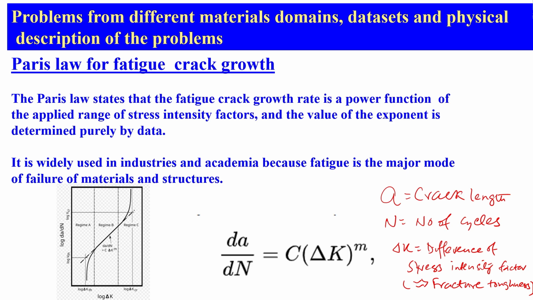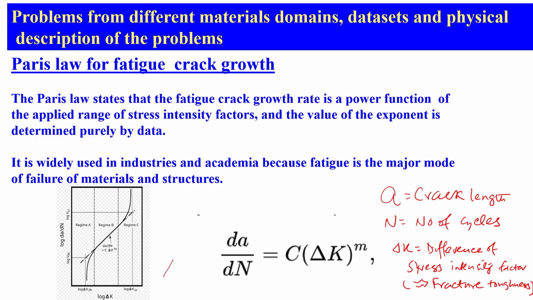Remember, this is widely used in industry and academia, because fatigue is a major mode of failure of materials and structures. It looks like an empirical relationship, but no, it is a purely physics based relationship. It can be obtained from data science, and it can also be obtained from theoretical calculations, because crack propagation depends upon the stress intensity factor and the crack.